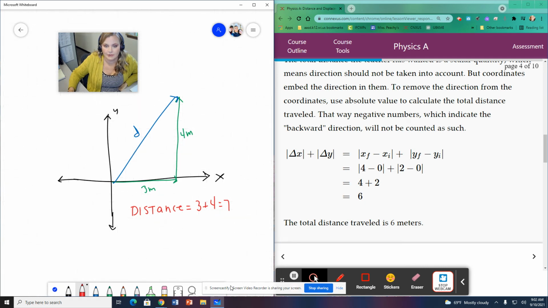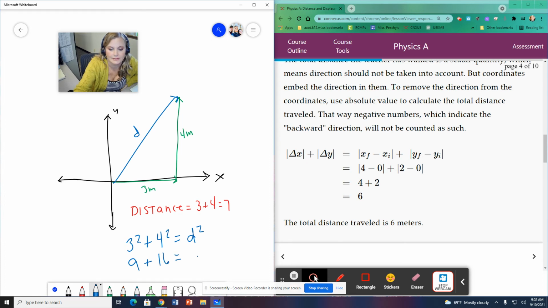My displacement, this is where I use the Pythagorean theorem because we have a right triangle here. So I'm going to use the Pythagorean theorem and say 3 squared plus 4 squared equals d squared. So 9 plus 16 equals d squared. This is a perfect triangle on purpose just because the math's easier. They won't always be perfect triangles.